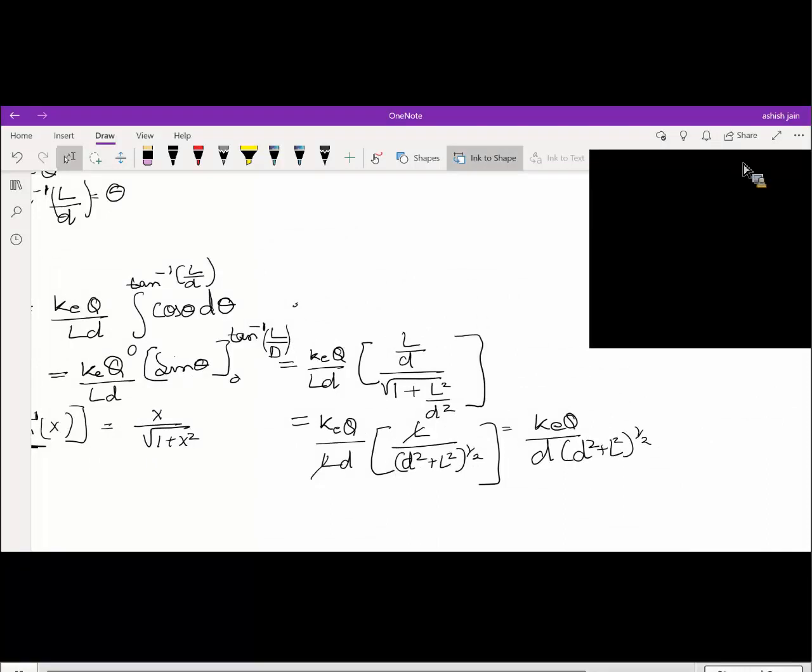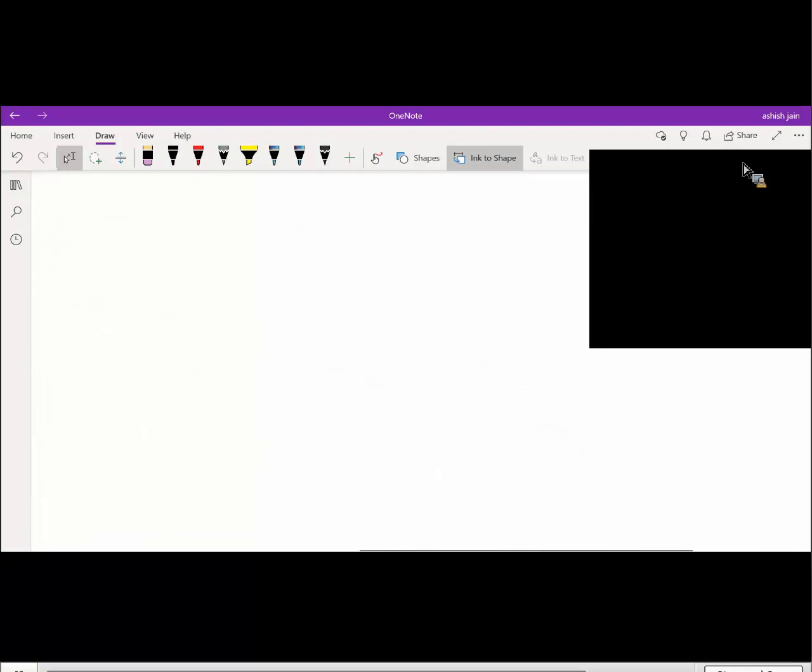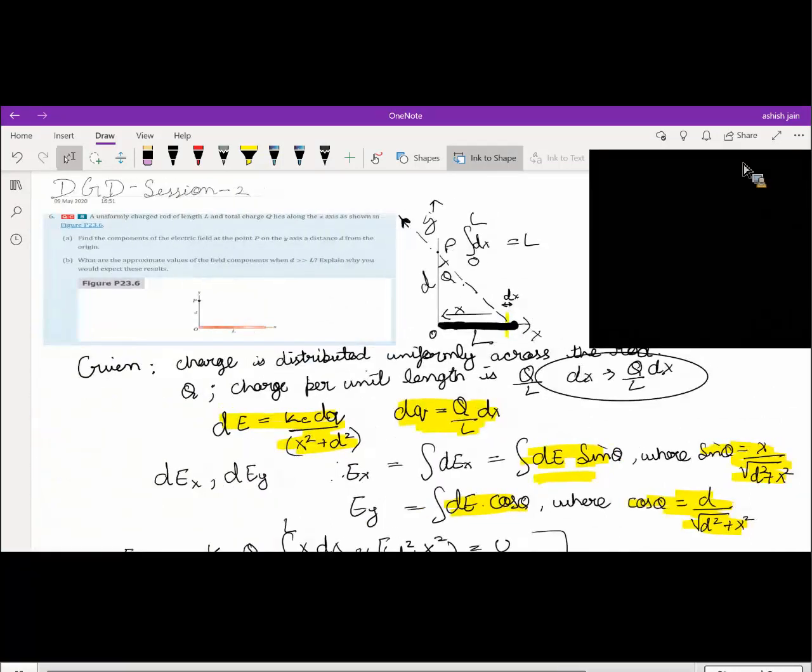Okay, let's go to the second part of the problem. The second part is: what are the approximate values of the field components when D is very much greater than L?